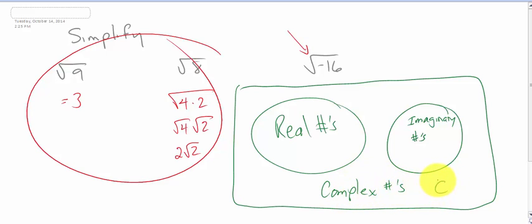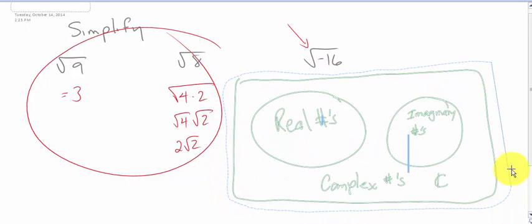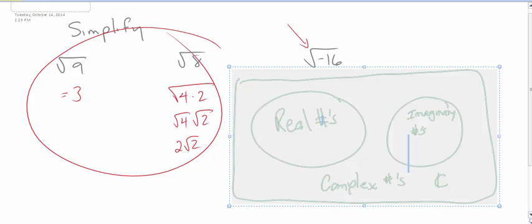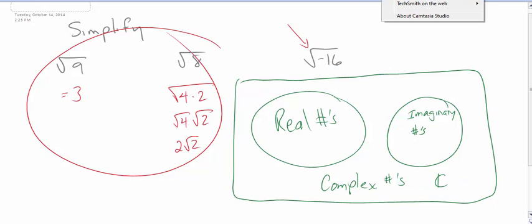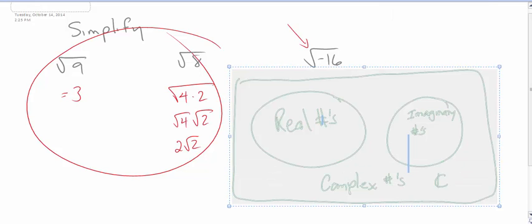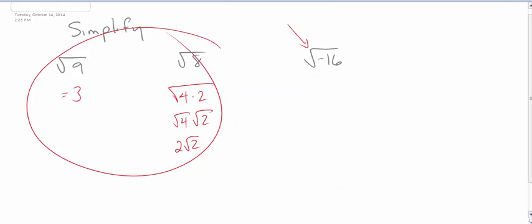And the set abbreviation we use is the C with an extra back on it. So knowing that and having that in mind, there might be something we can do with the square root of negative 16. The whole reason we have complex numbers is so that we can deal with those sorts of numbers.